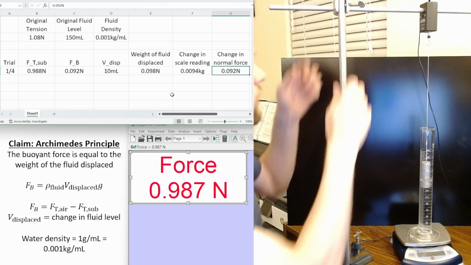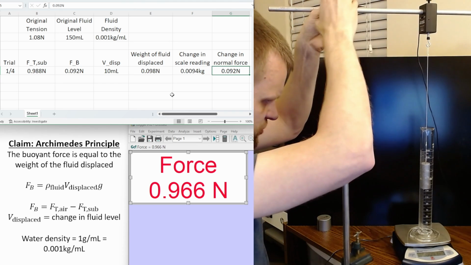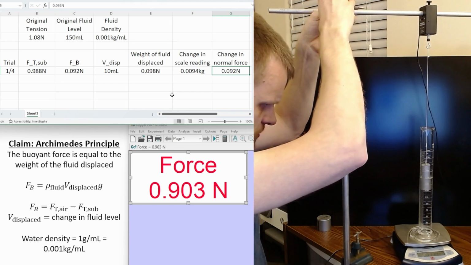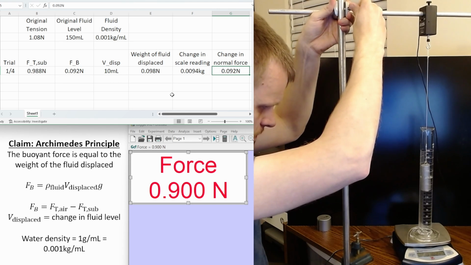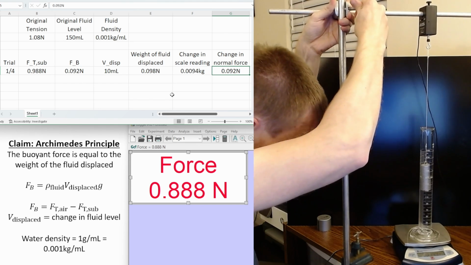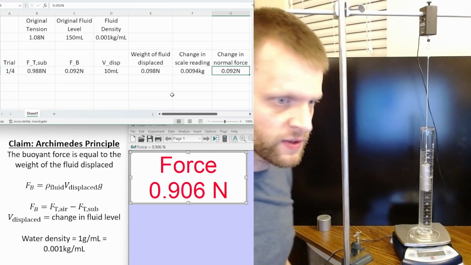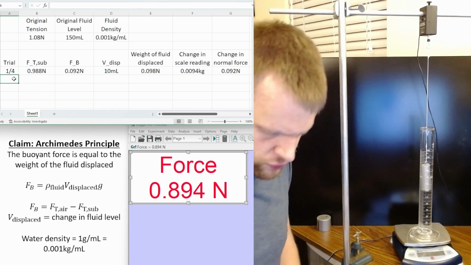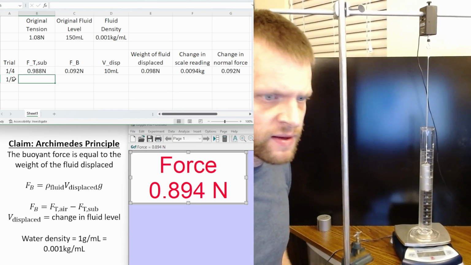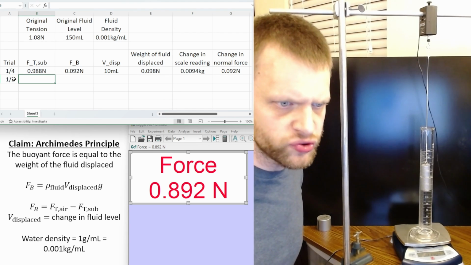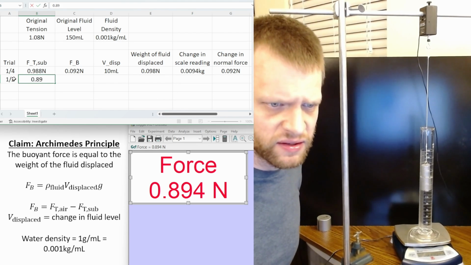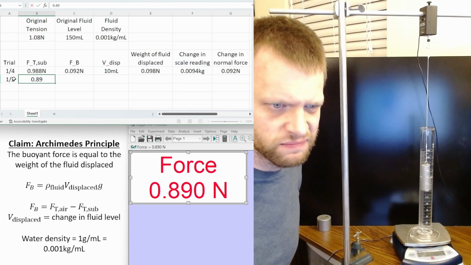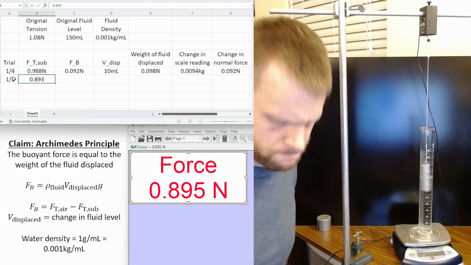Well, let's try another trial. Let's lower this a little bit further in. Let's see if we can get it about half submerged. Somewhere around there. Okay, so this is around half submerged. Our new tension force looks like it's 0.893, maybe?